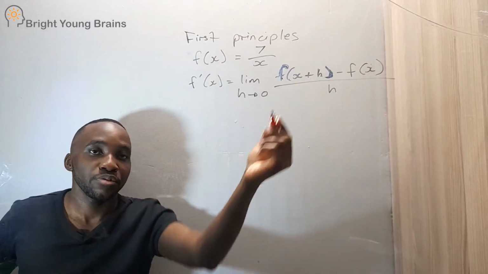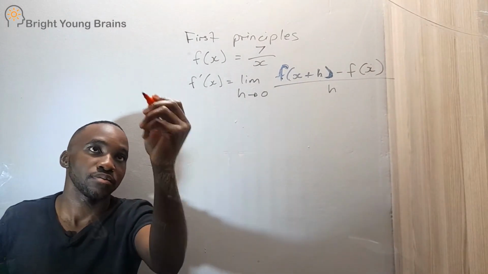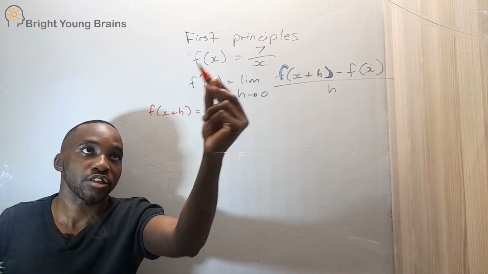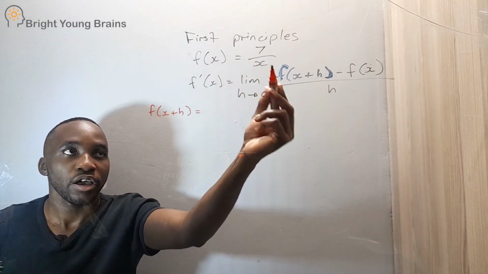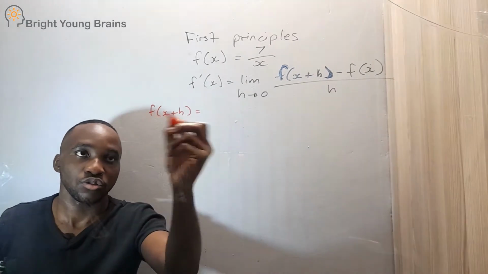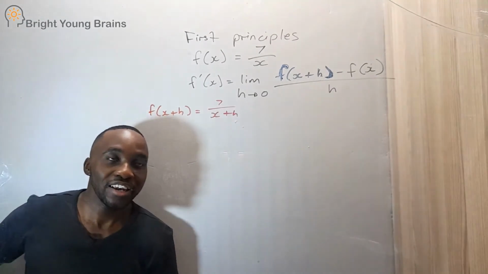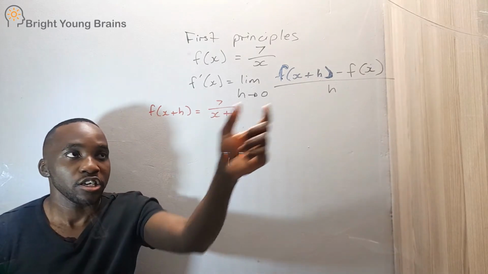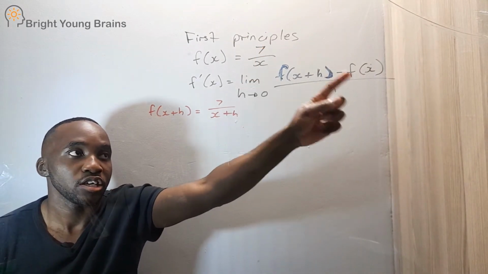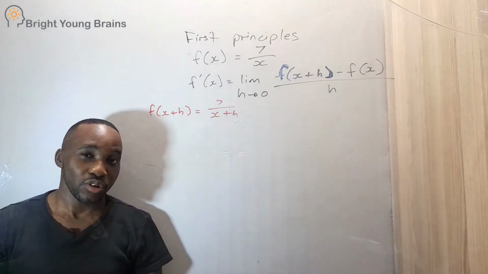Getting this separately is quite simple, because this is literally telling us that in the equation of f of x, wherever x is, just throw x plus h in there. So this thing here is just that. Now we cannot simplify this, so that's all. This thing here, we're going to throw that there, and this thing here, we're going to throw that there, and then we're going to simplify.